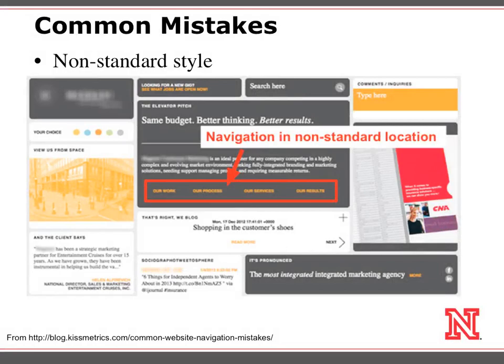And then some mistakes that developers often make. Number one, and this is probably the most important one to me, is non-standard navigation. You have navigation in this example basically in the middle of what appears to be content, and so the user isn't really sure. As a user, I would not be positive that this is actually the menu for the website.